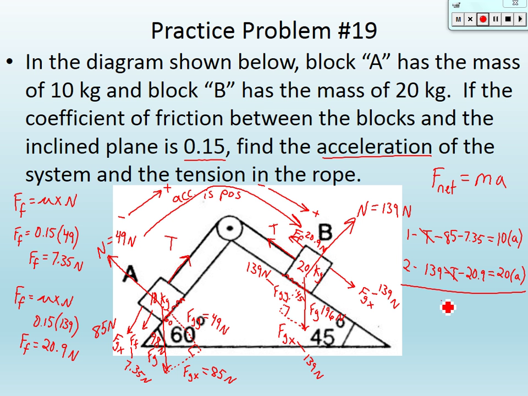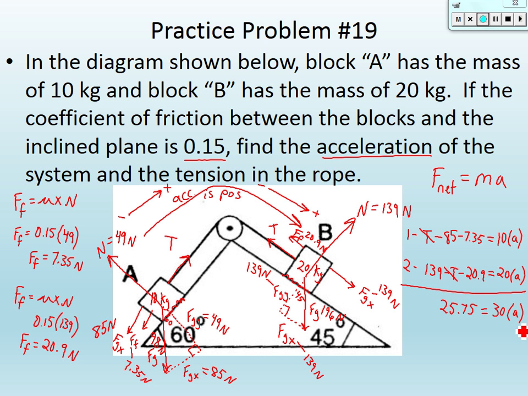Did you guys get 25.75? Can anyone verify that? Yeah. Okay, perfect. That is equal to 10a plus 20a, which is going to be 30 times a.